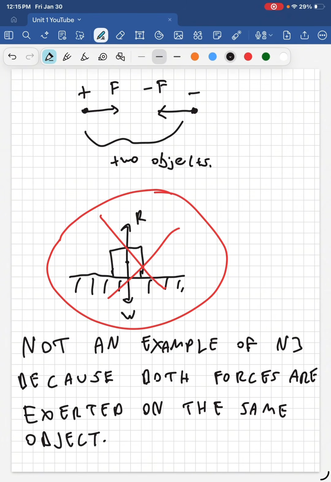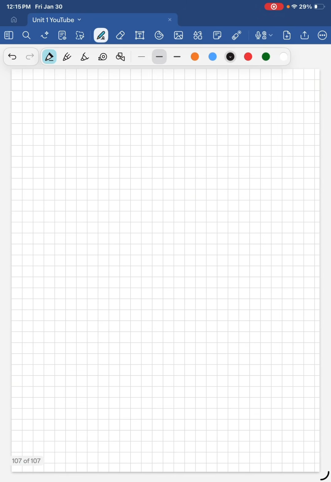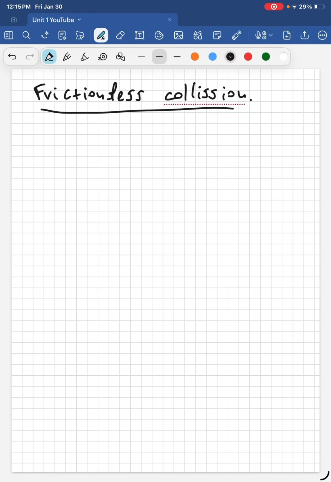And I already talked about this, but let's write it down again so you have it. Frictionless collision. Let's say that two objects move towards each other.